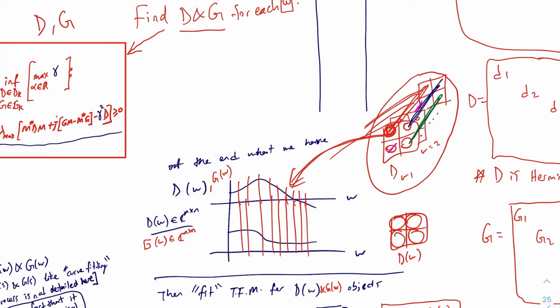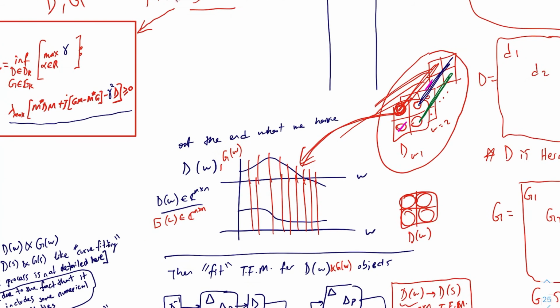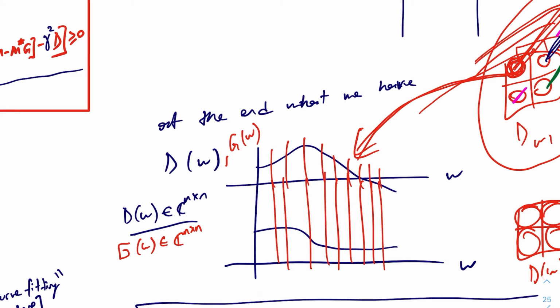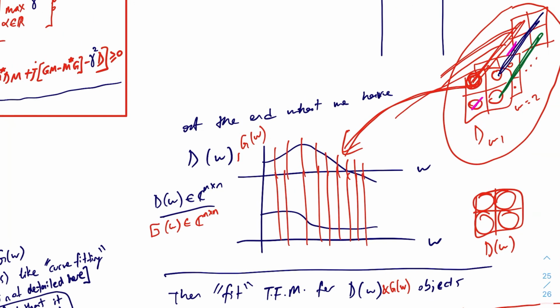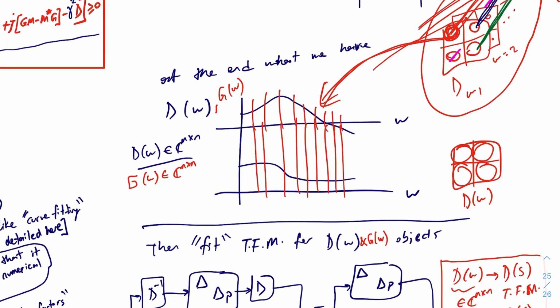In DK iteration, the D part of it, we determine D matrices for each frequency, the better way of stating that, D omega. We found D omegas, and now on top of D omegas, we also have G omegas.